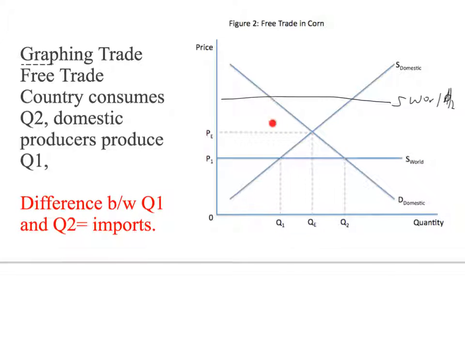So the domestic demand is going to get covered, but we have this much corn to sell. So we're going to export the excess corn, which is the difference between this quantity and this quantity. When the world price is above equilibrium in the domestic market, that's going to be the value of the exports.